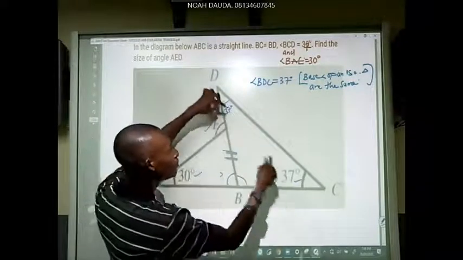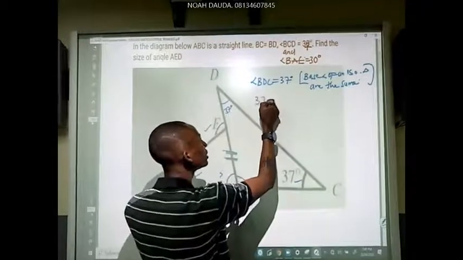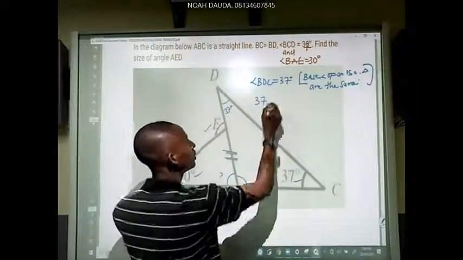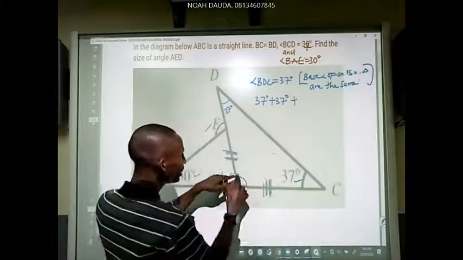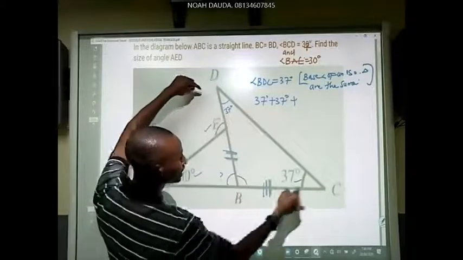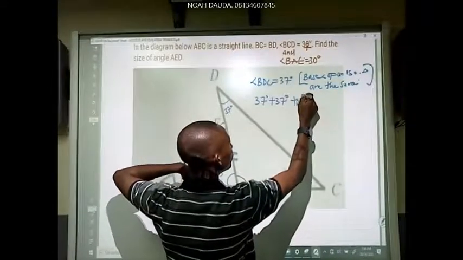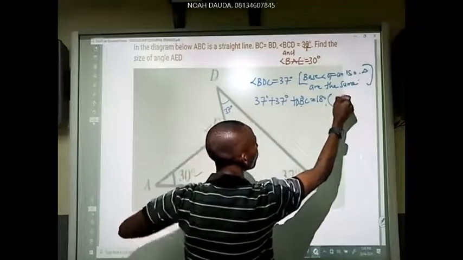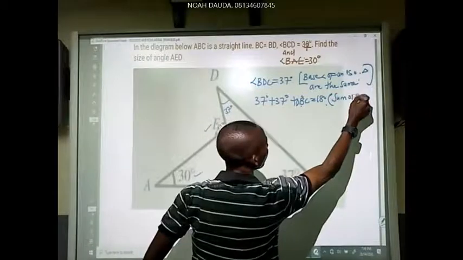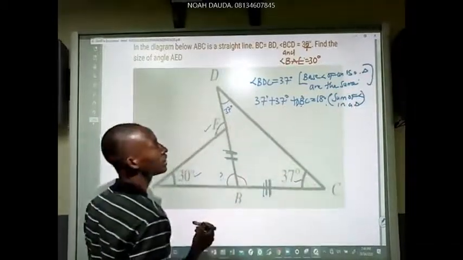So going by this base angle, I can easily say that 37 degrees plus 37 degrees plus this particular angle BDC, angle C, is equal to 180 degrees. Why? The sum of angles in a triangle. It's important that you state the theorem.